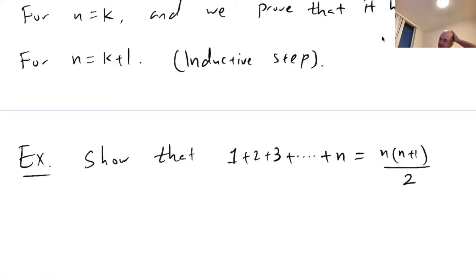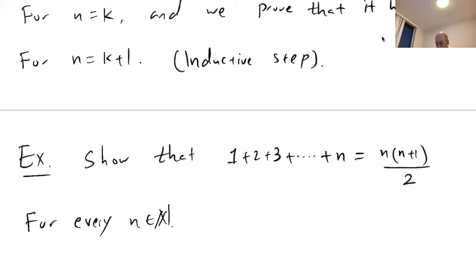So you must have a statement of the form P of n, a statement that is supposed to be true for every natural number, not every real number, for example. And here n is a natural number, so that this is true for every n in N. So this requirement is met.